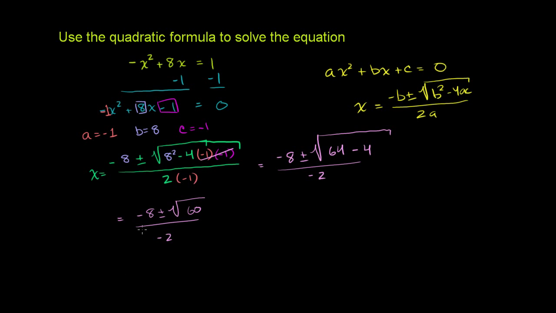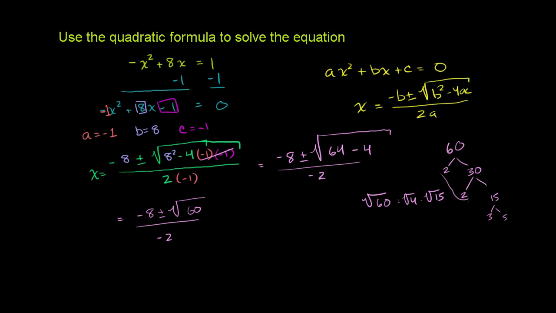Let's see if we can simplify the radical expression here, the square root of 60. 60 is equal to 2 times 30. 30 is equal to 2 times 15. And 15 is 3 times 5. So we do have a perfect square here. We do have a 2 times 2 in there. It is 2 times 2 times 15, or 4 times 15. So we could write the square root of 60 is equal to the square root of 4 times the square root of 15.